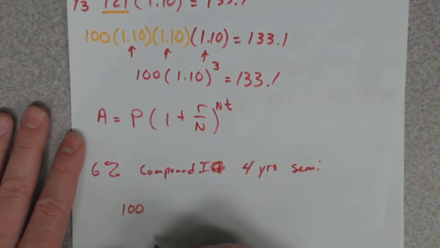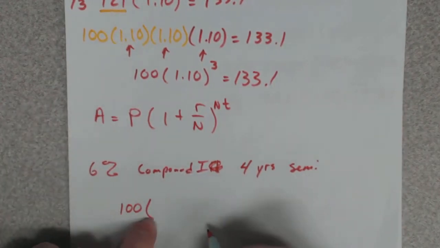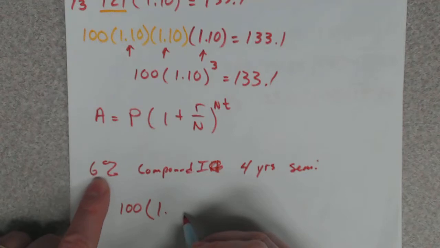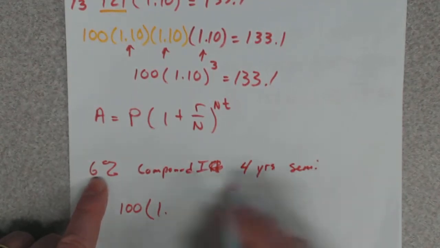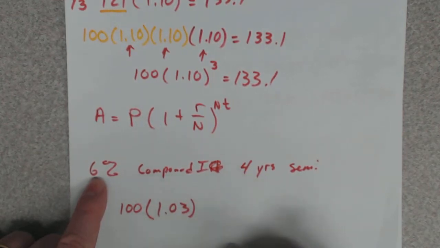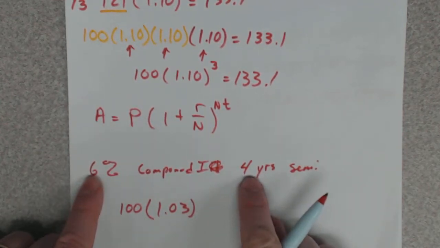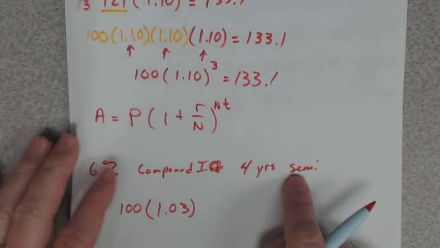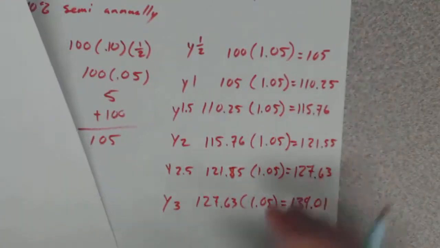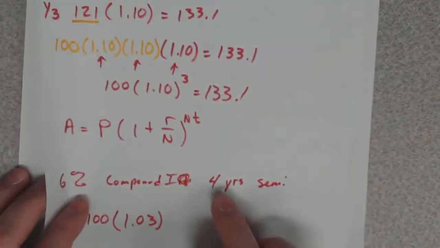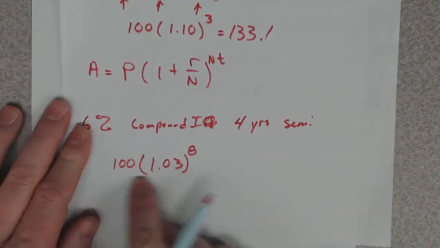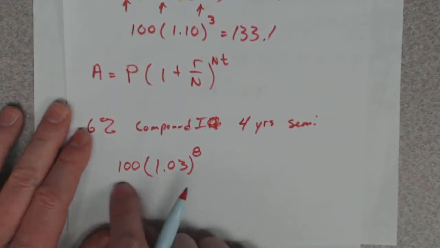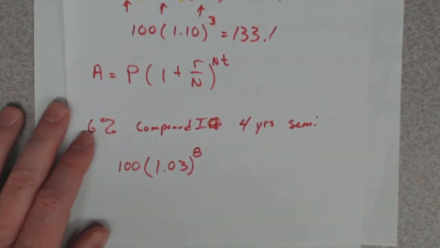Let's just say we invest $100. So my investment is that first thing. I say 1.06 if it was annually, but this is semi-annually. So I've got to take half of that. So 0.03. Now, how many compoundings would I have in 4 years if it's semi-annual? Just like over here, how many compoundings would we have? Because there were 6 in there. Well, this time it's semi with 4 years. Well, that means 8. There's 8 compoundings. So I don't particularly stick with the formula. I mean, you can, but you don't have to. You just kind of think it through. So you just multiply this up, and you get your answer.